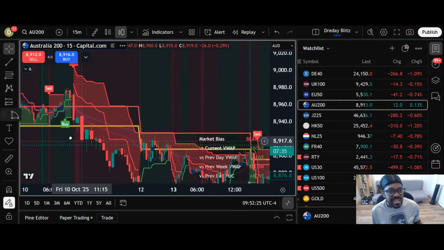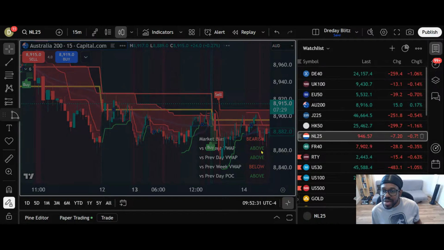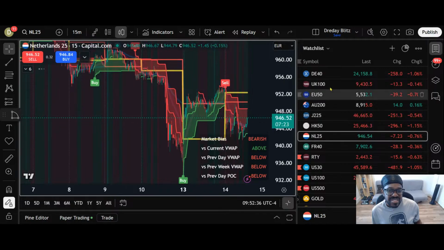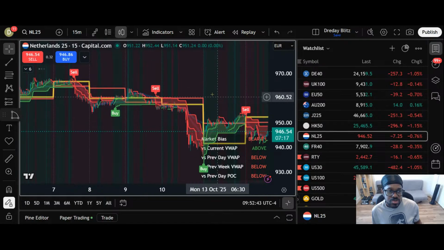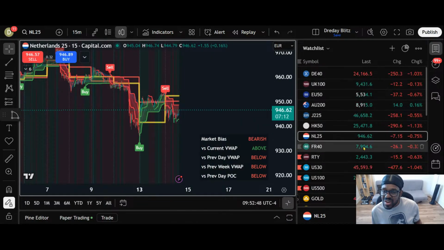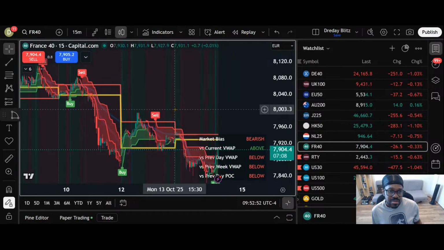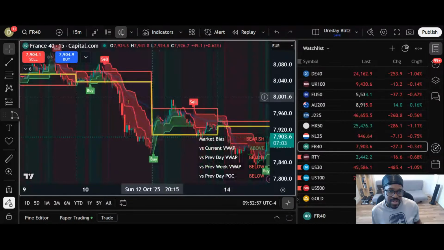So if you don't like how it moves, don't take the trades, but I'm going to add that to the list. Also, we have Netherlands 25. This one will be added for London because it's a European country. So that'll be added to London. And I'm also going to add France 40. All right, so France 40.